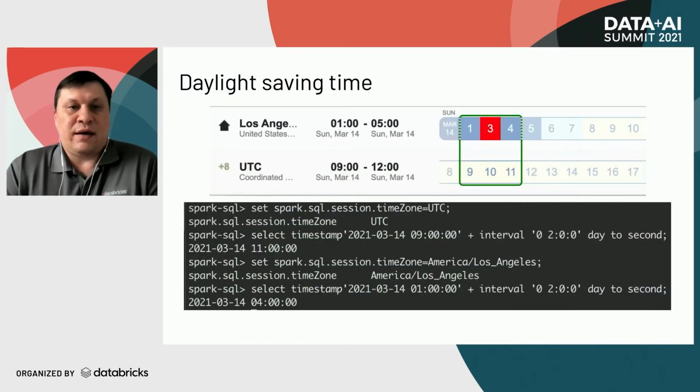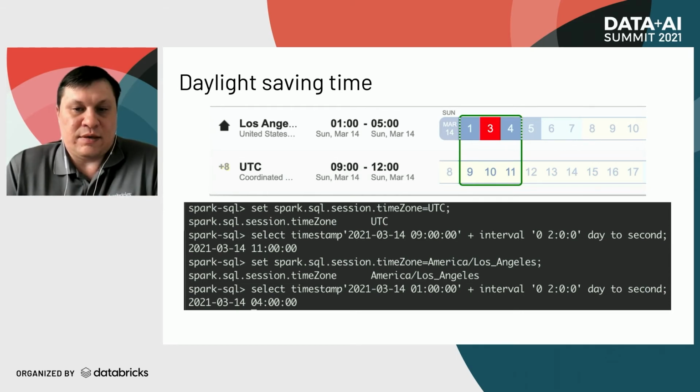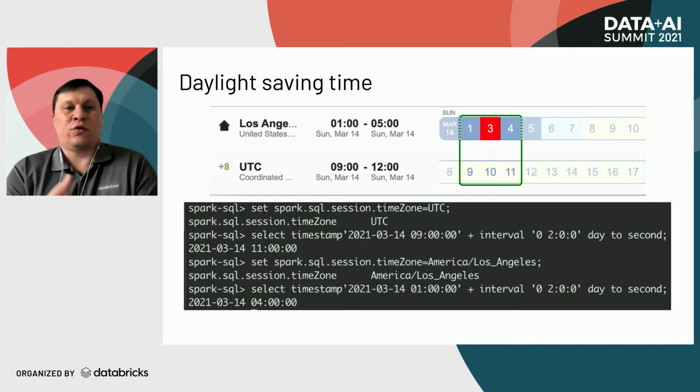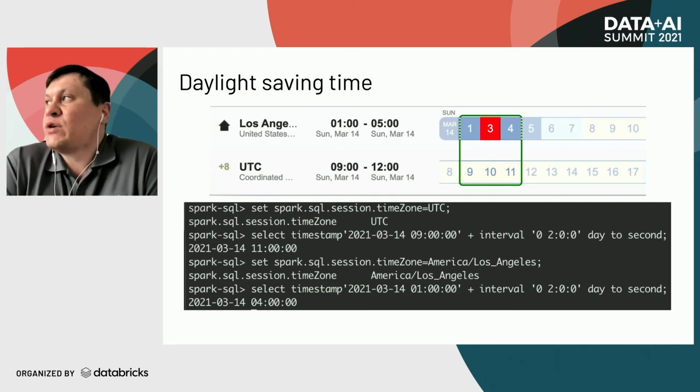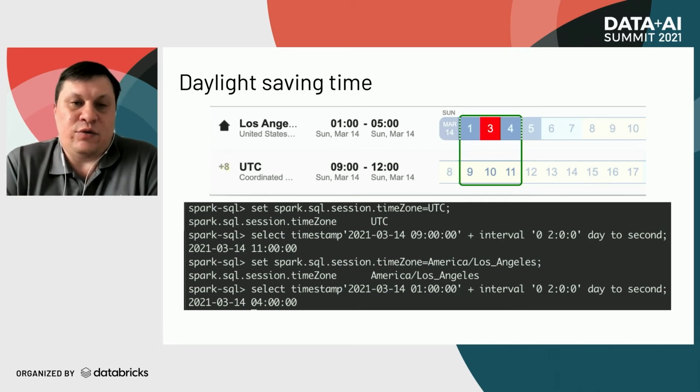I should highlight some corner cases. For example, in some countries, like the United States, they have two periods in the year, winter time and summer time.